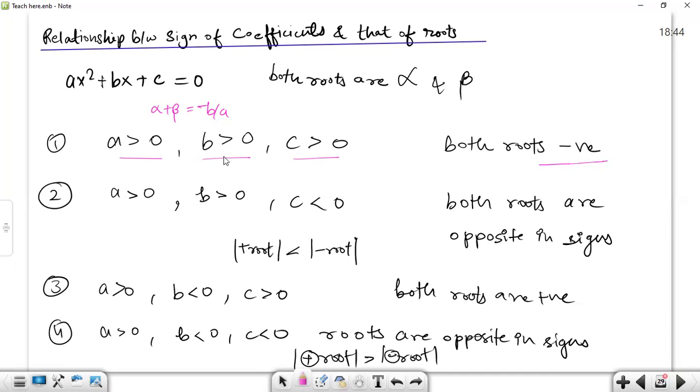Clear? Yes, sir. And alpha beta will be what? C by A. So C and A both are positive, so this is going to become positive, and the sum is going to become negative here.